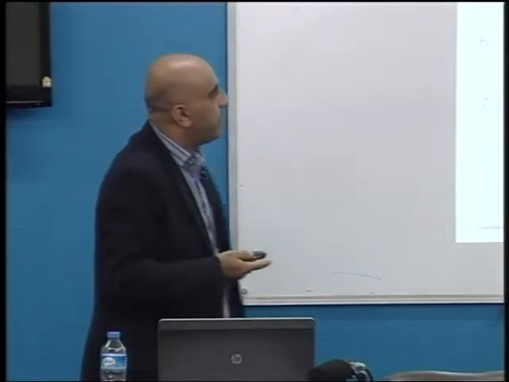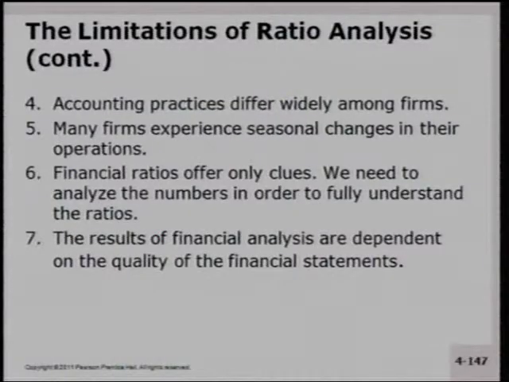The accounting principles may differ from one company to another. This company uses LIFO and this company uses FIFO. This company uses straight line methods and this company uses diminishing methods. This company pays out dividends, this company does not. This company retains its earnings, this company pays out the dividends.